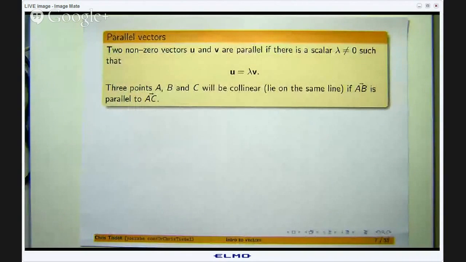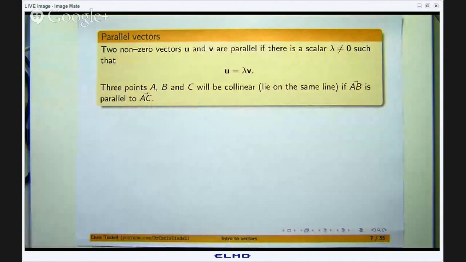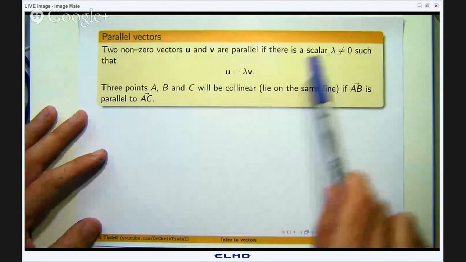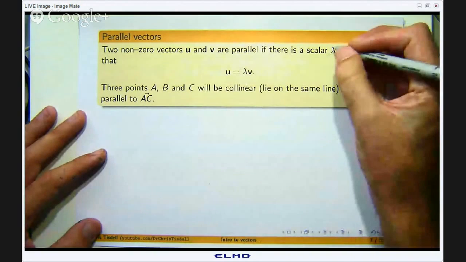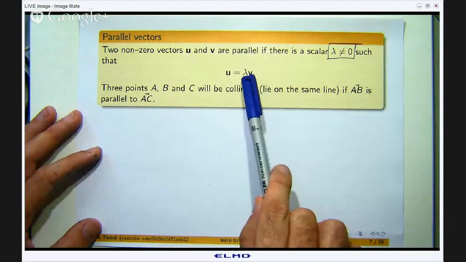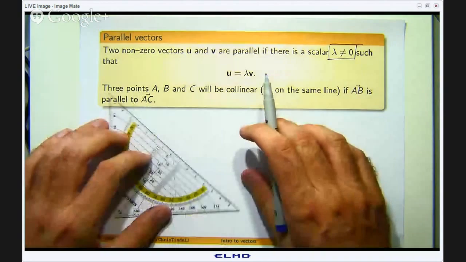Now we've talked about adding and subtracting vectors, and earlier on I talked about a few vectors being parallel with some of the hand-drawn vectors that I drew in. Let's talk about parallel vectors, since we're talking about geometry. Two non-zero vectors u and v are parallel if there is a scalar lambda such that u is the product of lambda times v. So let's think about this.